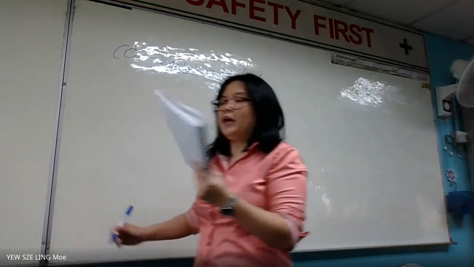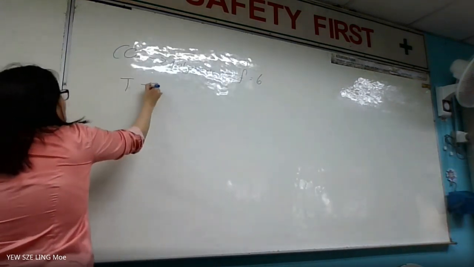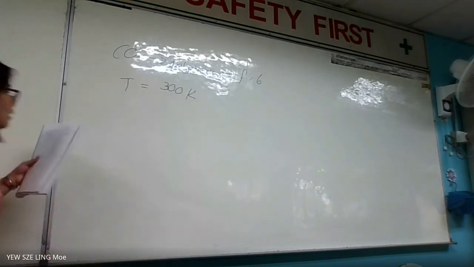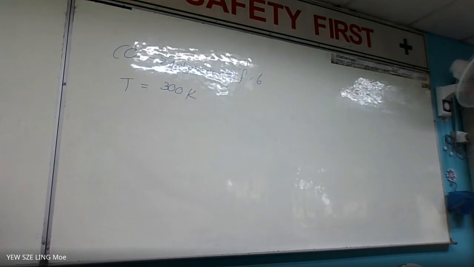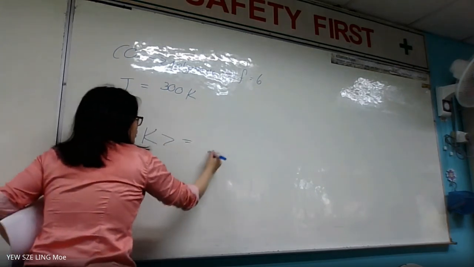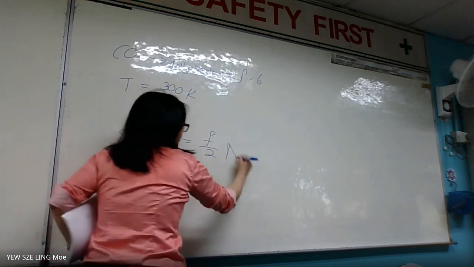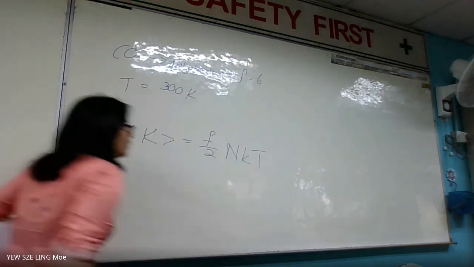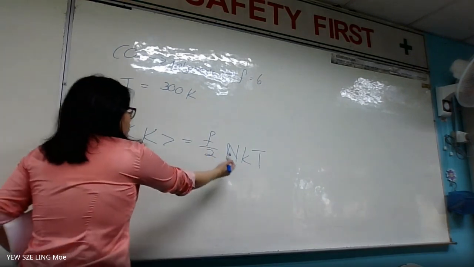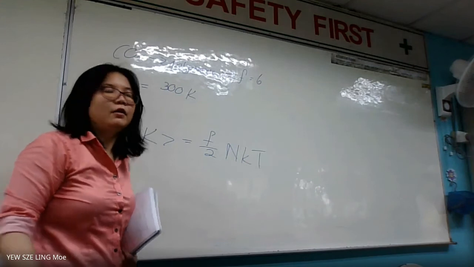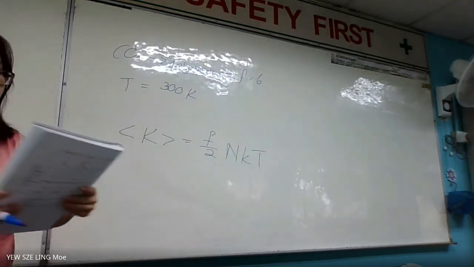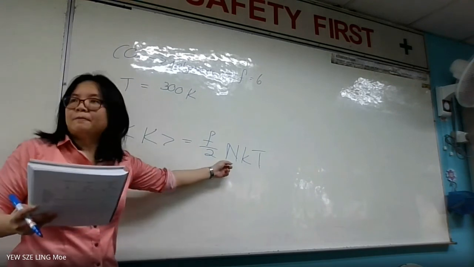The temperature T is equal to 300 Kelvin. The general equation for average kinetic energy is average K equals F over 2 times NkT. F we already have, which is 6. k is the Boltzmann constant, and the temperature given is 300 K. Now what is the value of N?